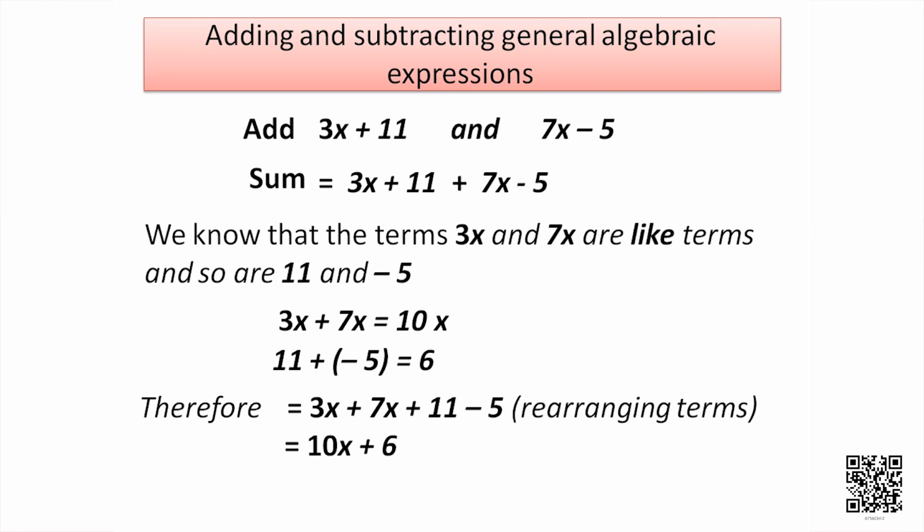So we have seen how to add when we have like terms, and now we have another example for subtracting. So let us see how do we subtract. So we have 24ab minus 10b minus 18a, and we have to subtract this from 30ab plus 12b plus 14a.